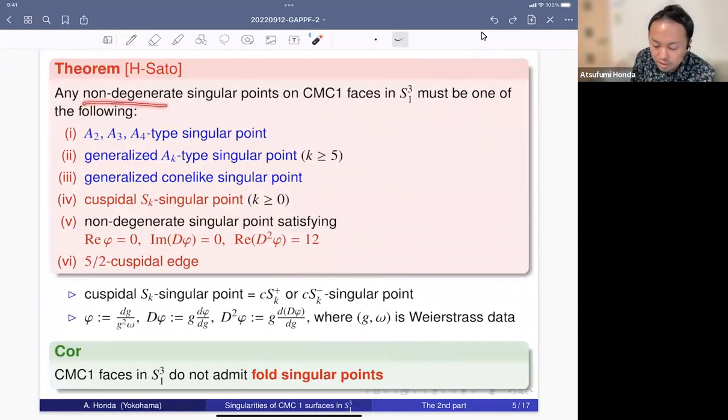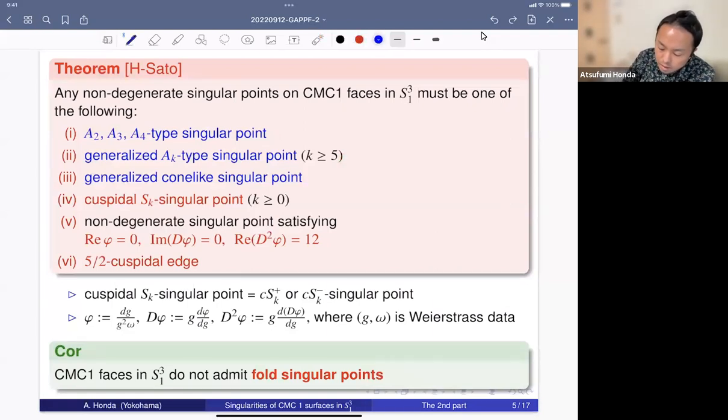Any non-degenerate singular point on CMC1 faces in de Sitter 3-space must be one of the following: A2, A3, A4, generalized AK, generalized cone-like singular points.